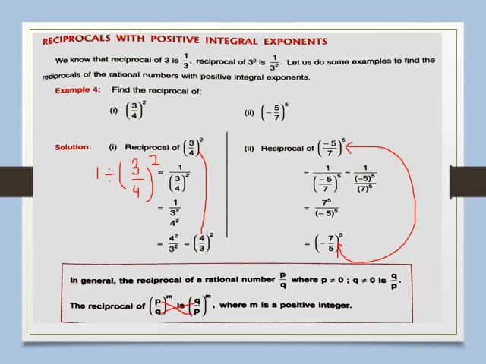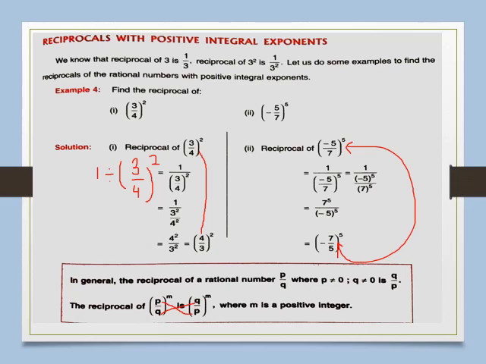The second step, we can write that number like this also. If you are getting confused, you can write the number as 1 divided by 3 upon 4 whole square. In this way you can write the number and find the reciprocal. See here in the second question, minus 5 upon 7 whole raised to the power 5.